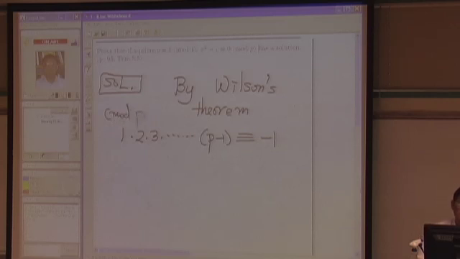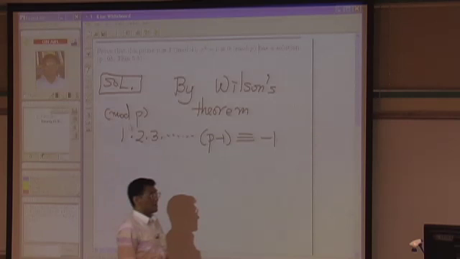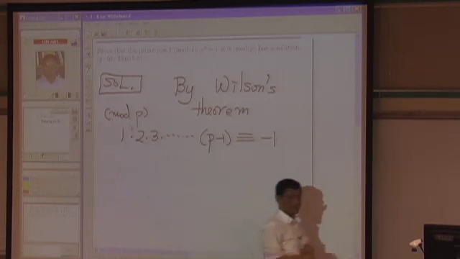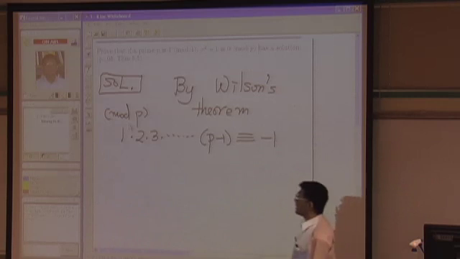Mod P is assumed. I'm proving it, and to prove it, I will use Wilson's theorem. Wilson's theorem says this fact: if you multiply 1 through P minus 1 for a prime number, then it is congruent to negative 1. I proved it.